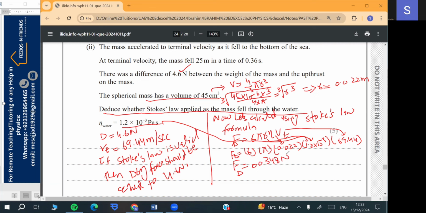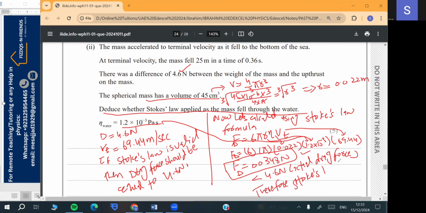So when we apply Stokes law, the drag force comes out to be this much, which is very much less than 4.6 Newton, the actual drag. Therefore, Stokes law does not apply.